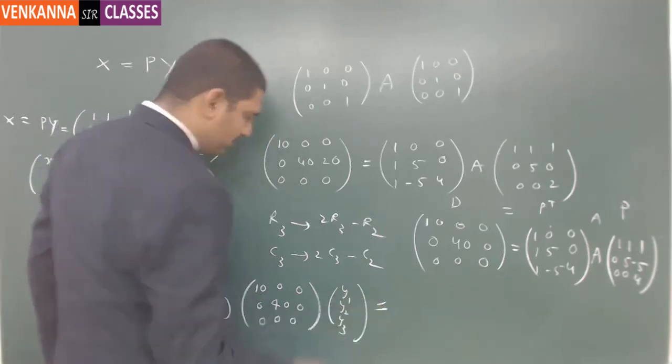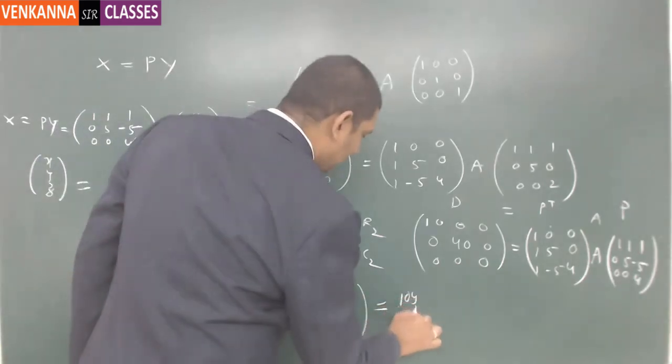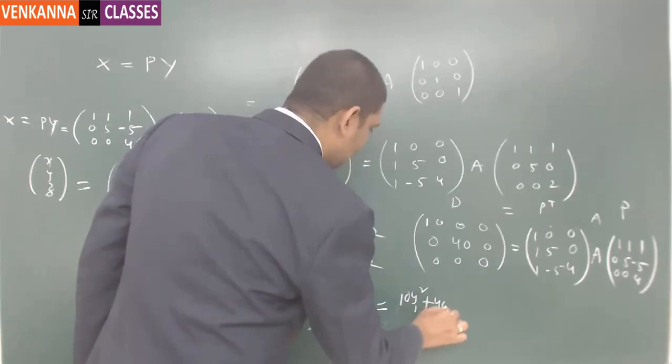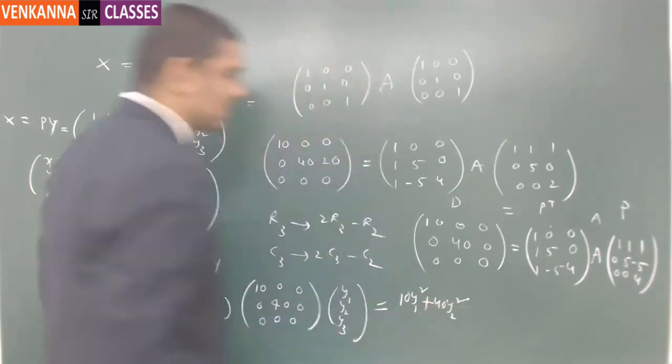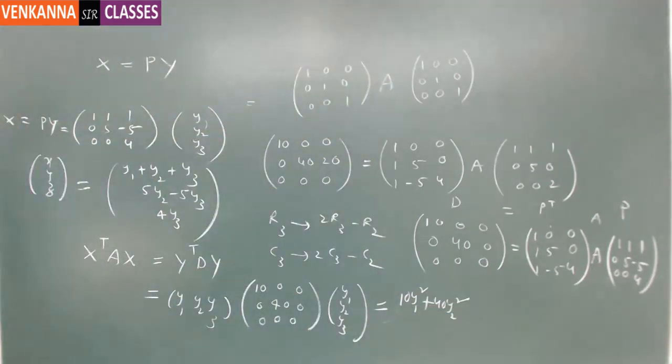So on multiplying this, 10 y1 square plus 40 y2 square is the respective transformation. However, the corresponding linear transformation in general will not be asked, but if you are interested, you can take a note of this.